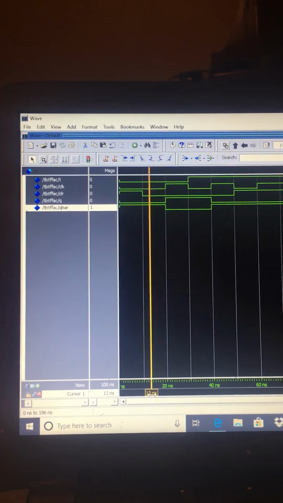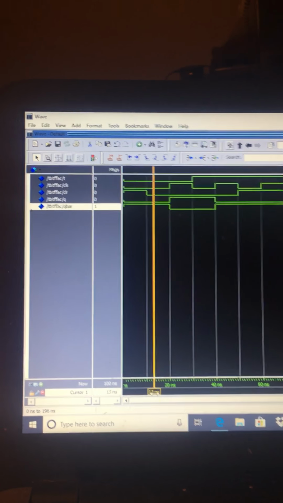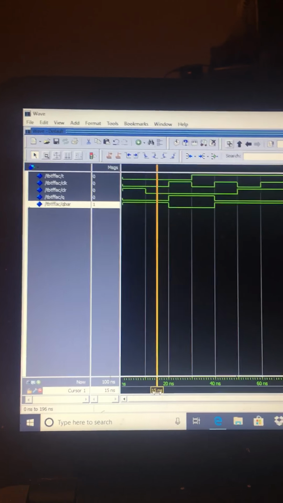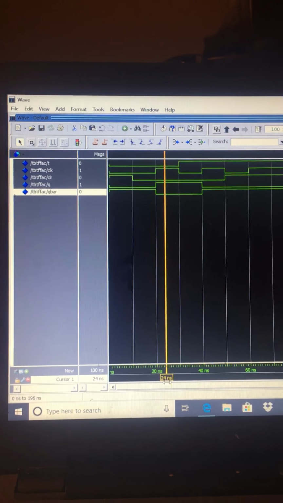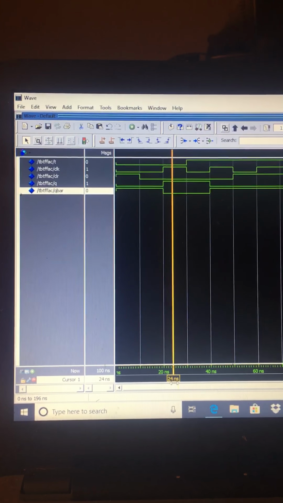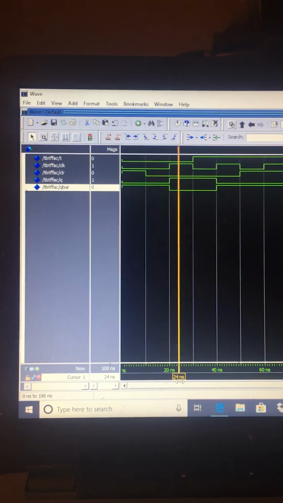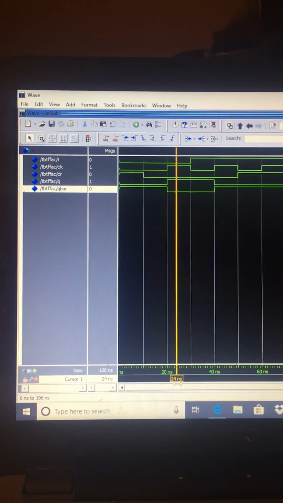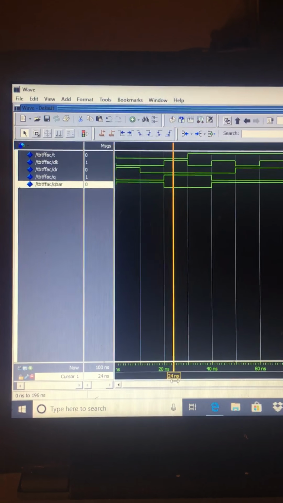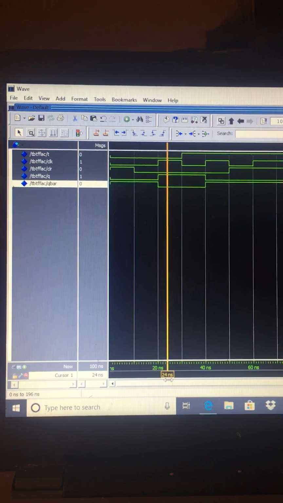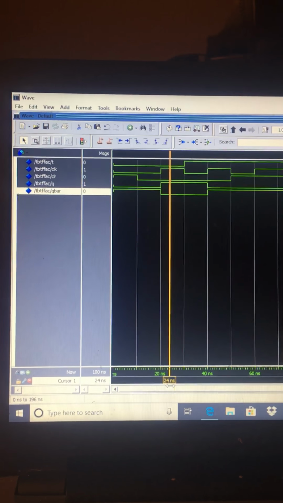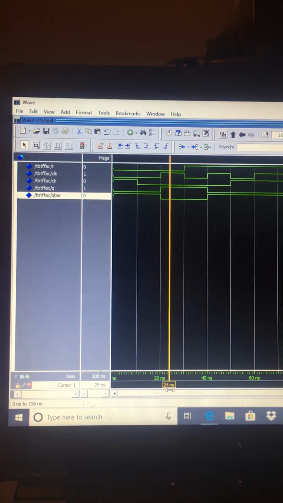So Q and Q bar hold the values 0 and 1 still. Next, you have T is equal to 0, clock is equal to 1, clear is equal to 0. And this results in Q equaling 1 and Q bar equaling 0.